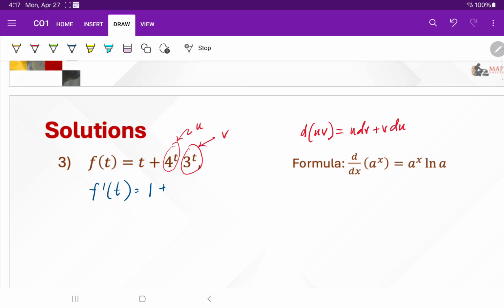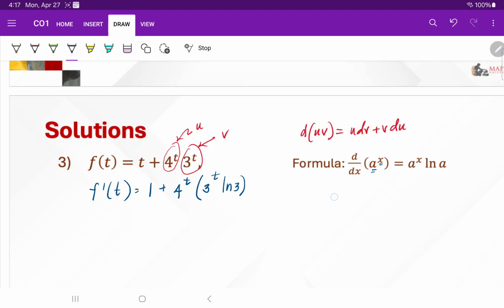So we copy u, that's 4 to the t. Then we multiply it by the derivative of v. What's the derivative of 3 to the t? We use a to the x or a to the u. So the derivative is 3 to the t ln of 3 times 1, or simply 3 to the t ln of 3.